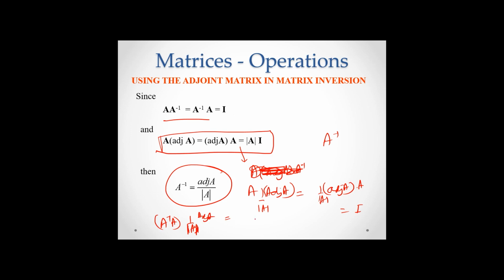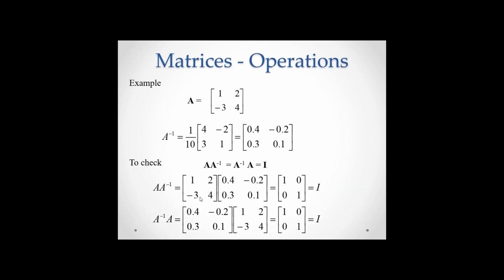If I take this, A inverse times I. When we multiply anything with identity, we get the same thing back. So this will be A inverse. This is identity. This is 1 by determinant of A into adjoint A. So what we are left with is 1 by determinant of A into adjoint A is equal to A inverse. So this result has been obtained by these two results that we have solved.